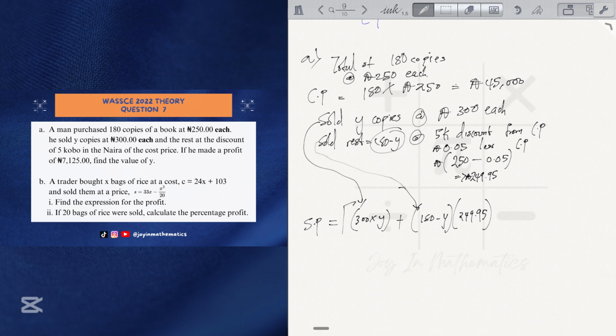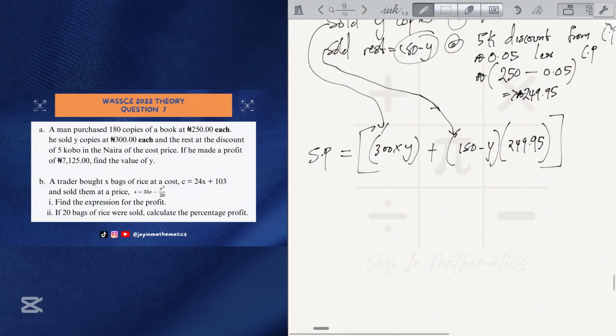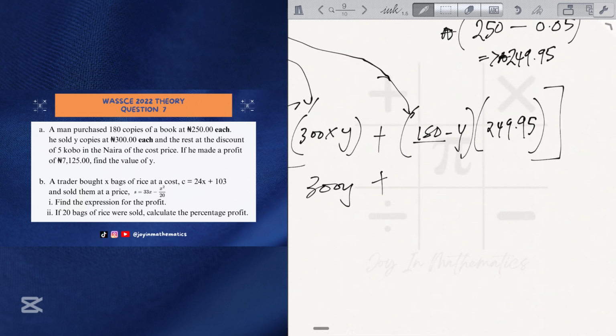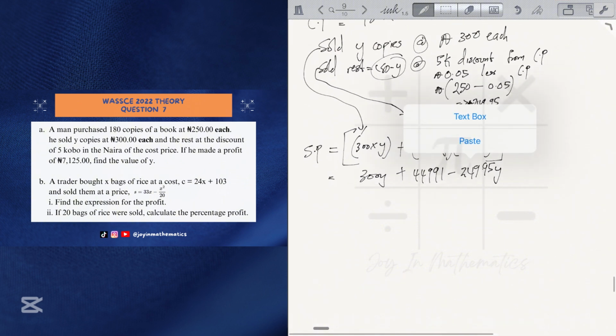So now we have an expression for our selling price. So let's open up the brackets. So this will give us 300y. If you open the brackets here, we will have 180 multiplied by 249.95, and that will give us 44991 minus 249.95y. So this is the expression of the selling price.